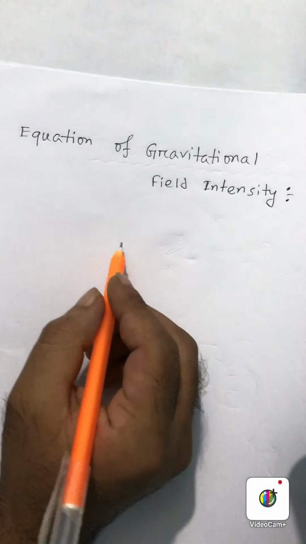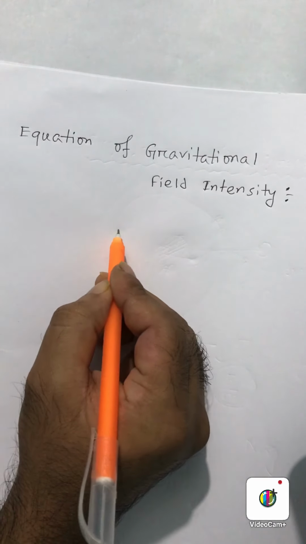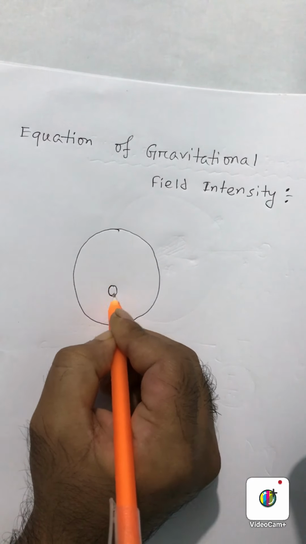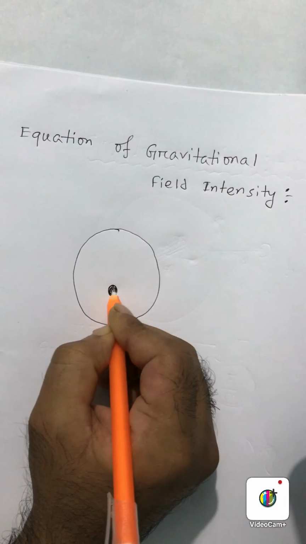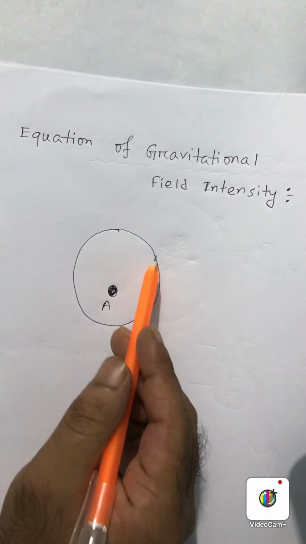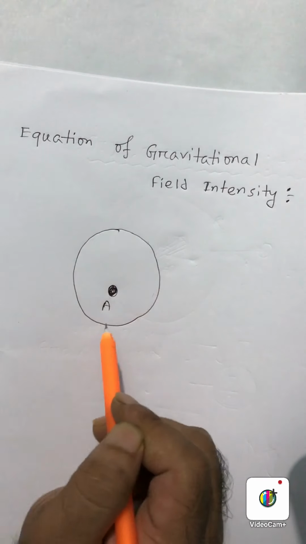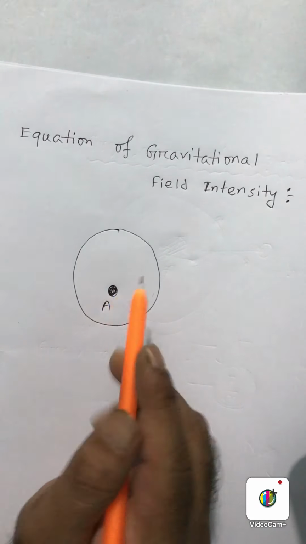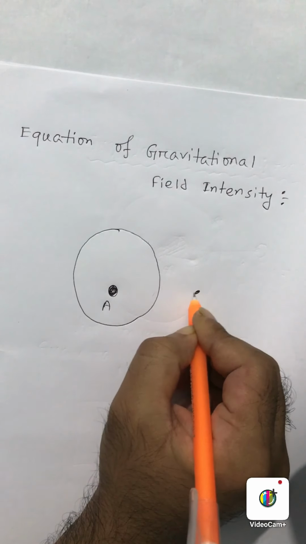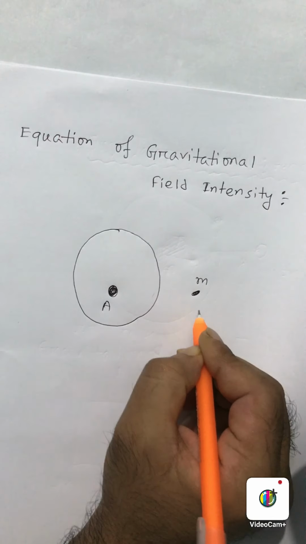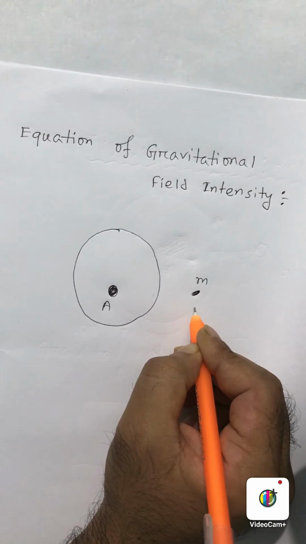Now we discuss the equation of gravitational field intensity. An object is placed at the point A and its gravitational field is drawn. This is the region of the gravitational field of the object A. An object of mass small m is placed at infinite distance.